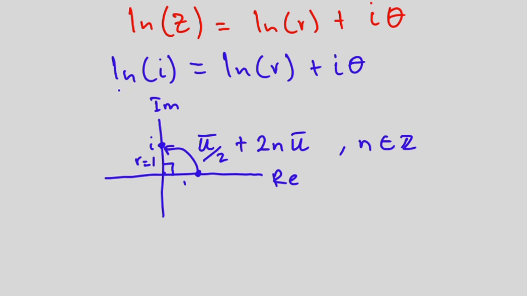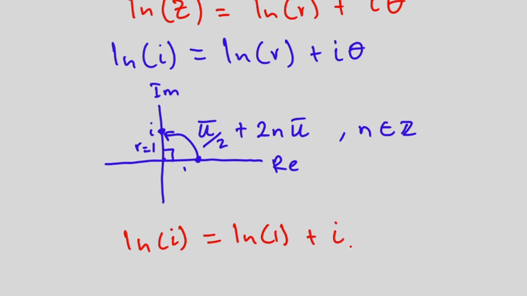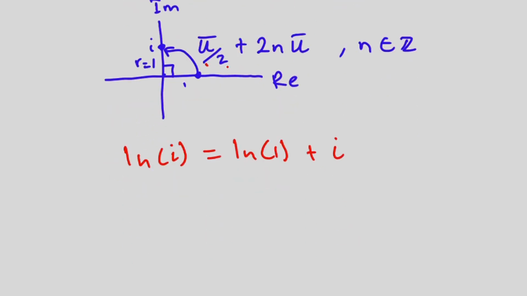So let's go ahead and replace them in this interesting equation here. So we're going to have ln of I is equal to ln of r, where r is equal to 1 from here. So we're going to have ln of 1, then plus I times theta, and theta is giving us the whole of this one here. So we're going to have I times pi divided by 2 plus 2n pi.